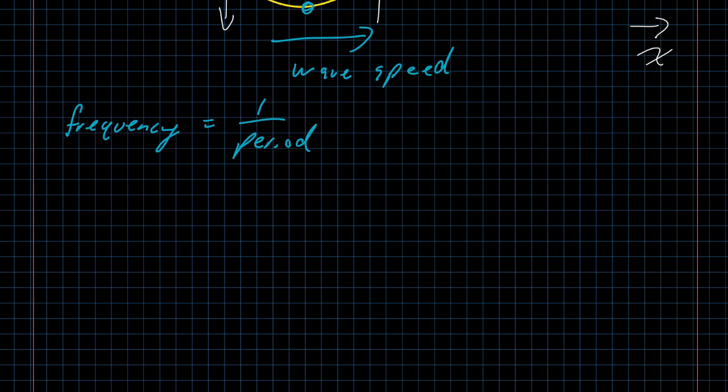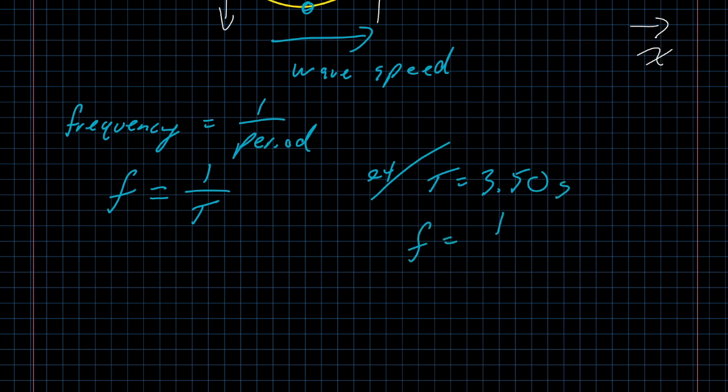We talked about the frequency of a wave, and mathematically a frequency is literally just 1 over the period. The variable for frequency is almost always f. The variable for period is still capital T. And so our units here, if I have a period of 3.50 seconds, then the frequency is going to be 1 over 3.50 seconds.